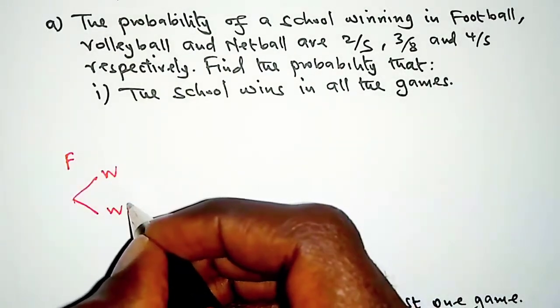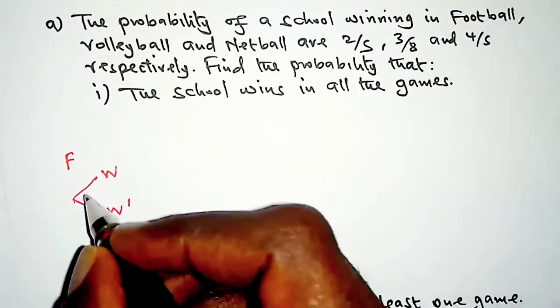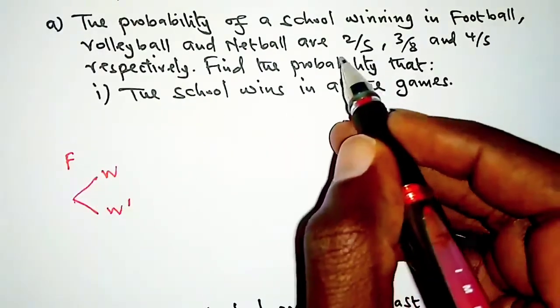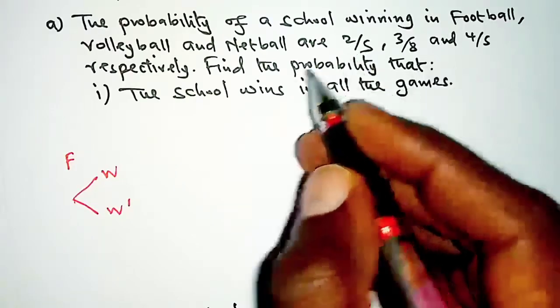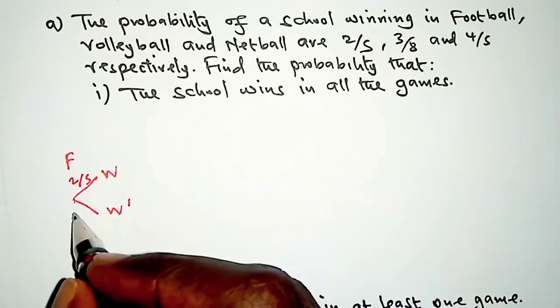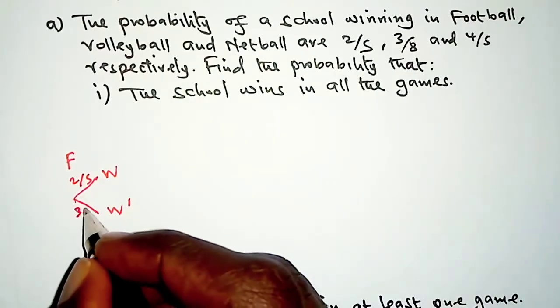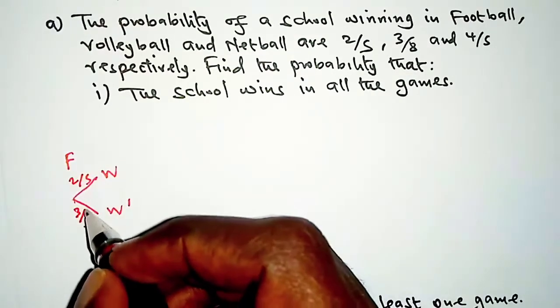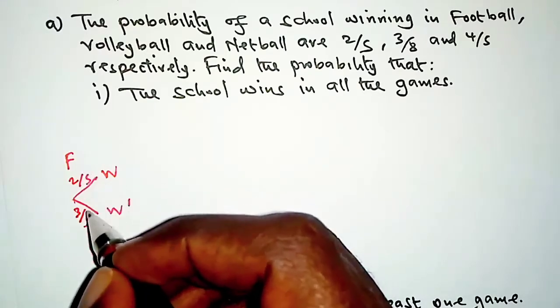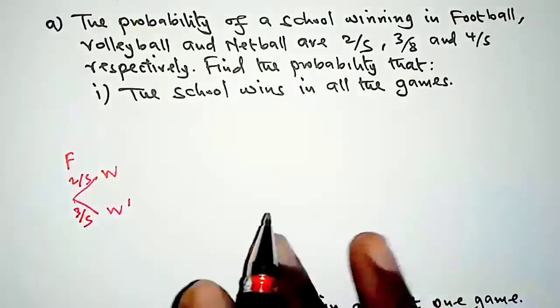The probability of the school winning in a football match, we are told, is 2/5, and therefore losing is 3/5. That is 5/5 minus 2/5, because the sum of these two should be 1.